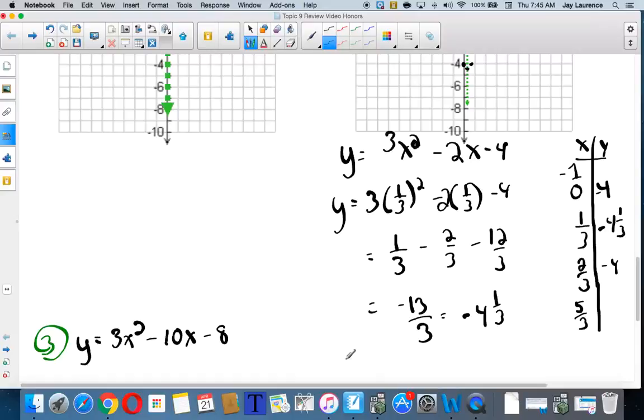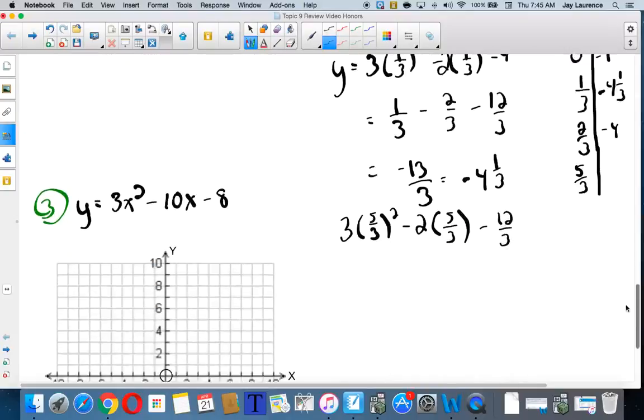So let me come back here and go 3 times, oops, wrong number, getting ahead of myself. Okay, we're going to have 5/3 squared, minus 2 times 5/3. And I'm not going to put minus 4 again. I'm going to put minus 12/3, right?